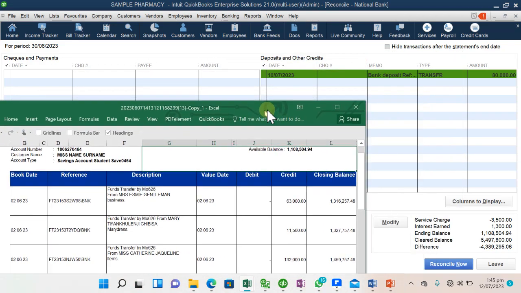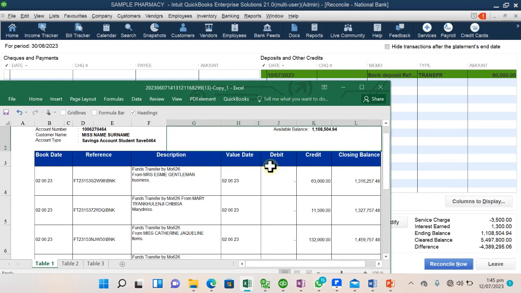Now, you see we have my transactions here. This one is a credit, meaning to say it's a deposit. So you check, could it be a deposit with reference number, description, whatever. Description when depositing.